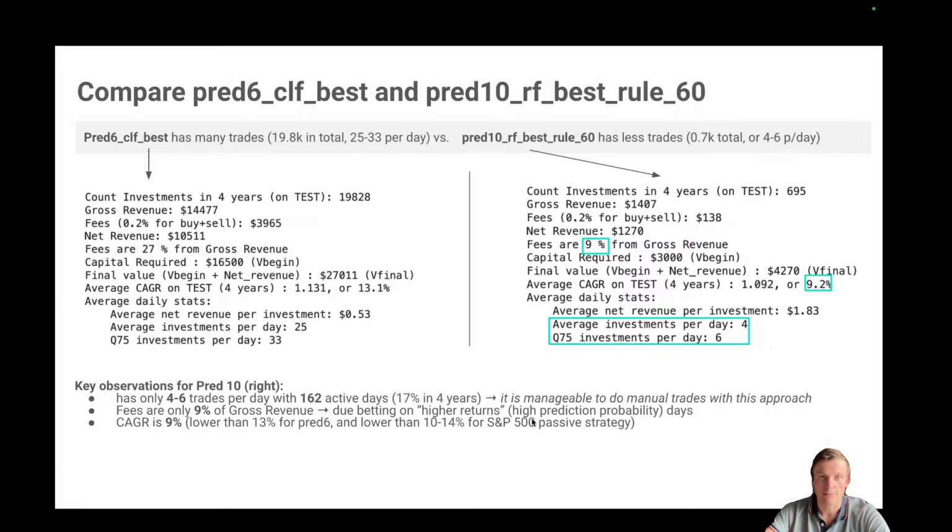So next, let's compare these results for different classifiers, and I selected very different predictions. Prediction number 6 is the previous prediction.